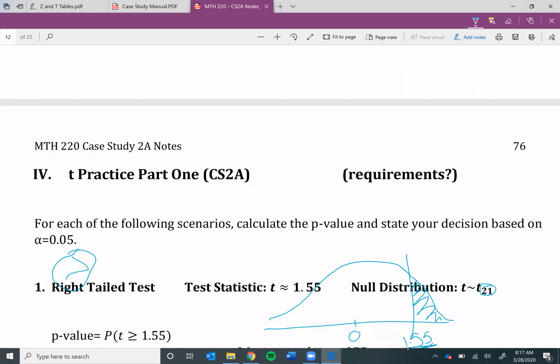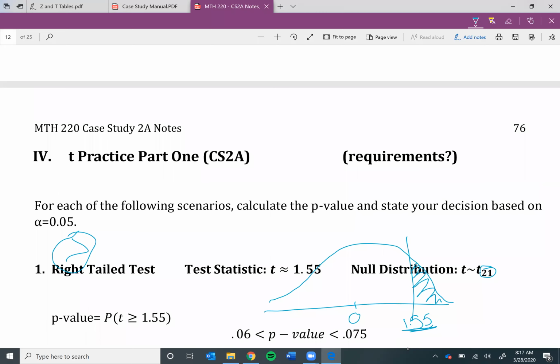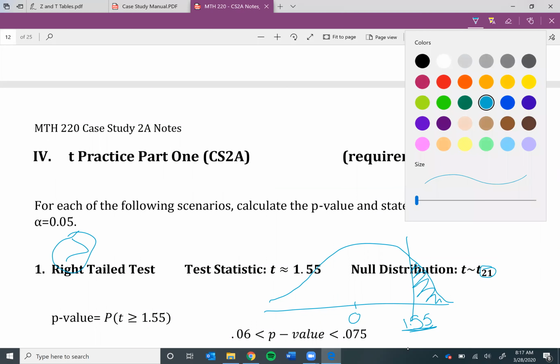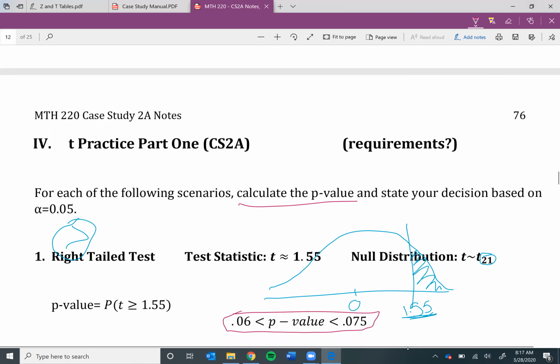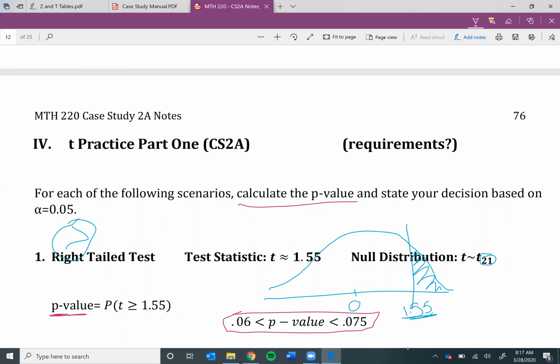All right, so what does that mean? The final answer here, because the question is asking us to calculate the p-value, so box in your answer for me. Another way you can write the p-value: over here I set the words p-value equal to the probability that t is greater than or equal to 1.55.